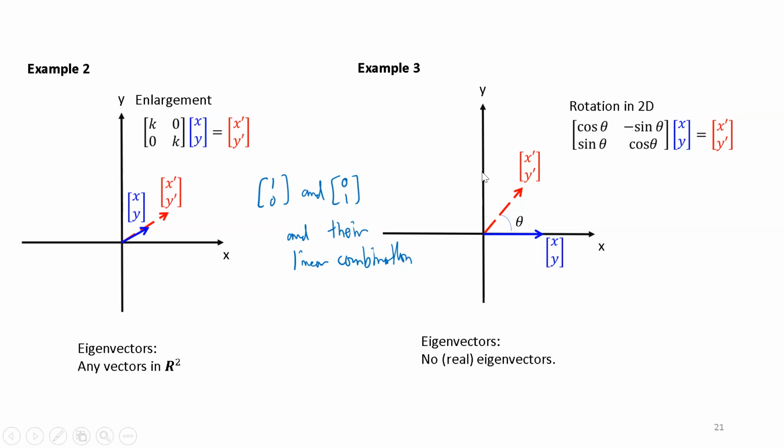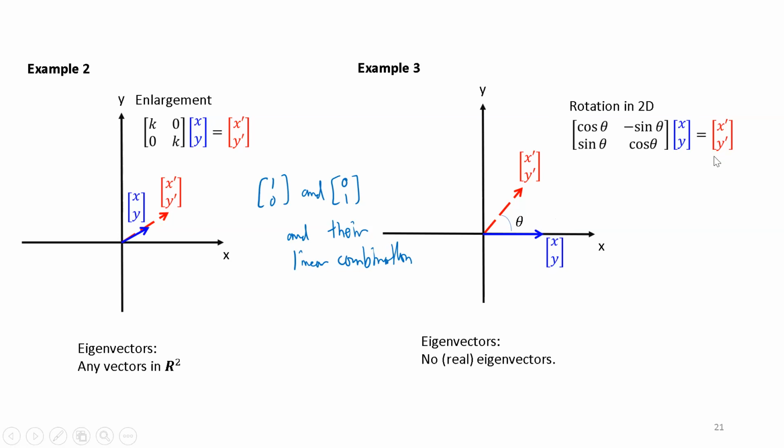So in that case, you can never find a vector that is parallel to its transformed vector. Of course, you can think of special cases: if theta is 0 or exactly pi, then that's possible. But in general, let's say theta is not 0 and not pi, then you don't have any eigenvector.